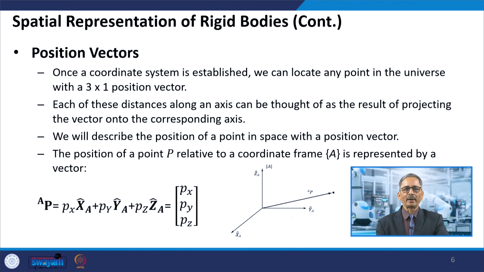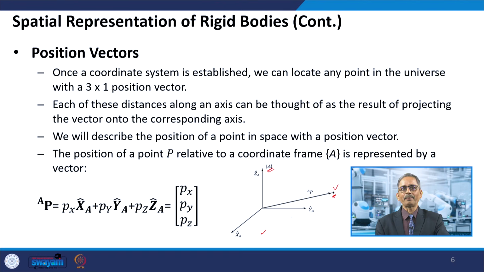For example, here you see that we have this x, y, z coordinate system, say frame A. This is the coordinate system which is being defined, and say you have a point, your object is there. And I want to describe the position of this object.